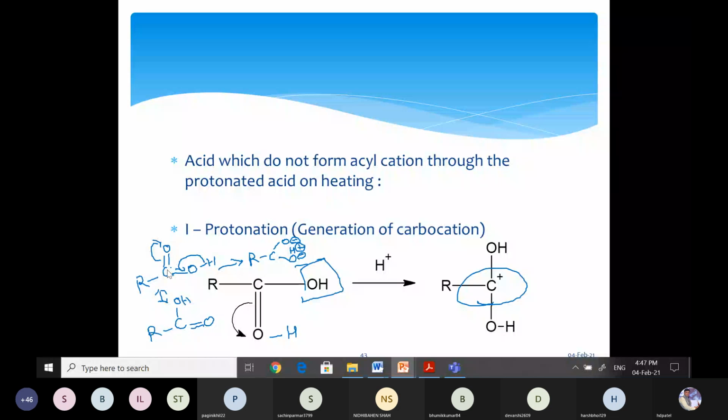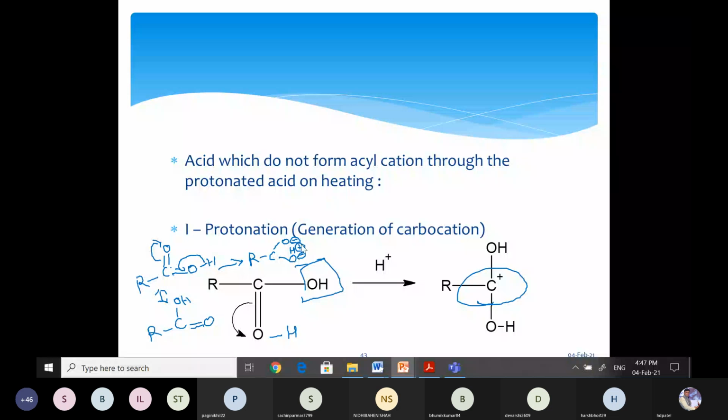In the resonating structure, only the position or arrangement of the groups is changed; otherwise it remains as it is. The characteristic of the compound remains as it is. Instead of this structure, we can write this form, RCO minus and O minus H plus.